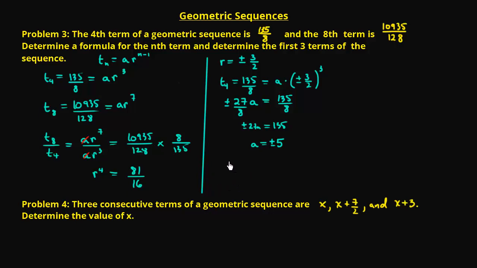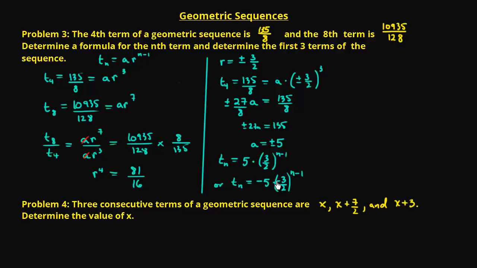So I have that t sub n is equal to 5 times r, which is 3 halves, to the power of n minus 1, or t sub n is equal to negative 5 times negative 3 halves to the power of n minus 1.